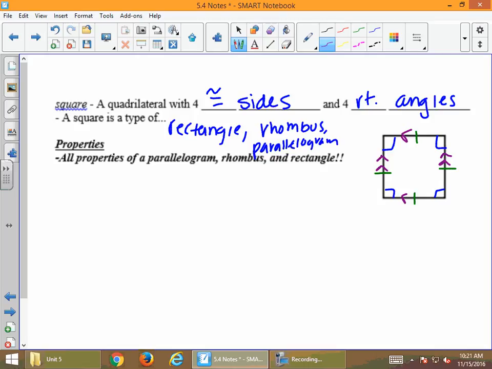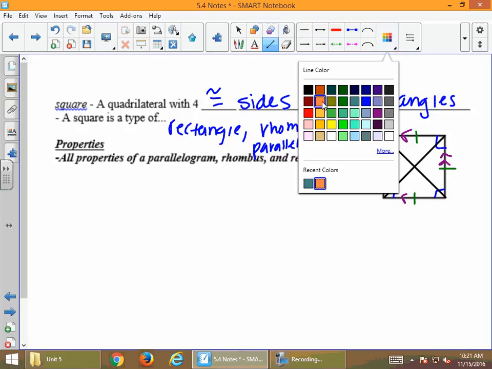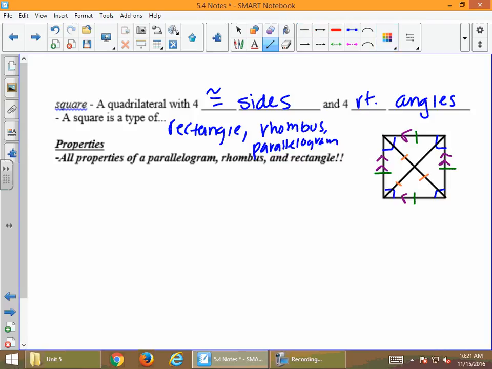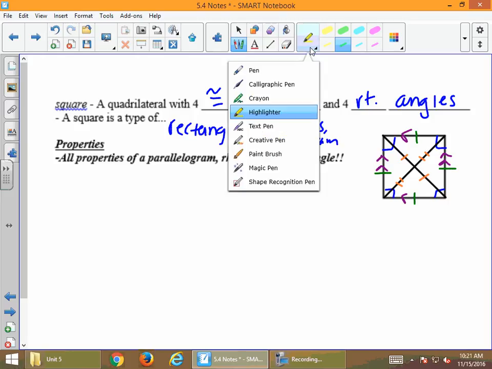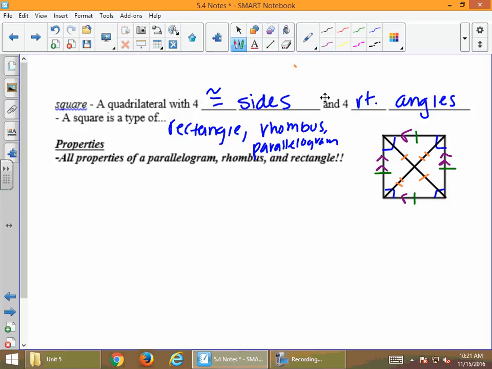What do we know about the diagonals? What do they do to each other? It's a parallelogram. They bisect each other. So this one's bisecting this one, and those two are bisecting.